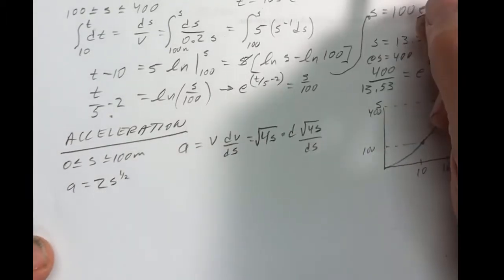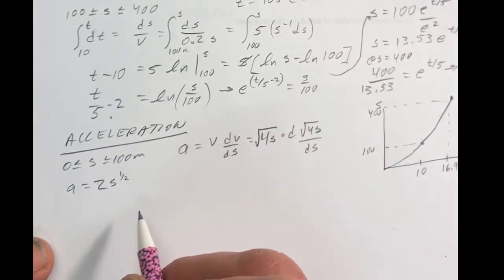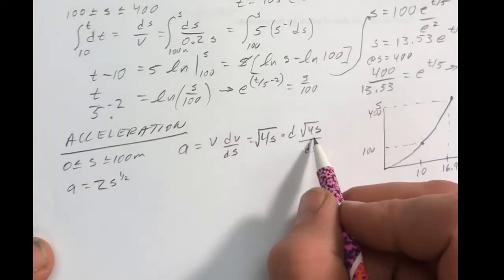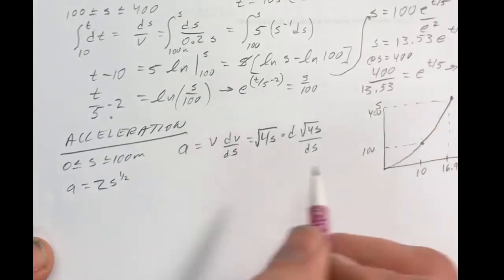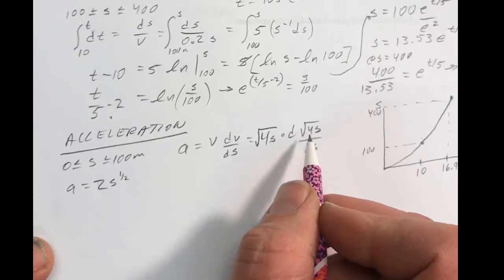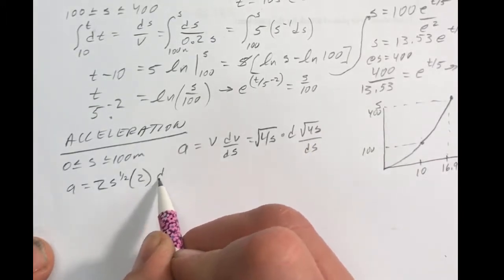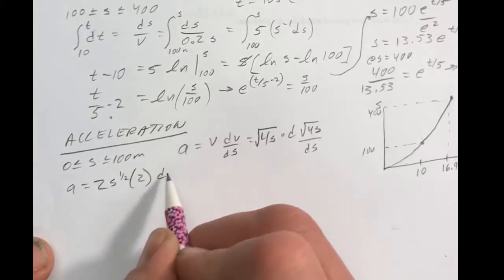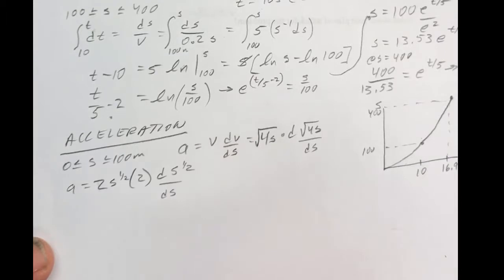That's our velocity function from up here, times the derivative of the square root of 4s. We can take the 2 out and get the derivative of s to the 1/2 ds.